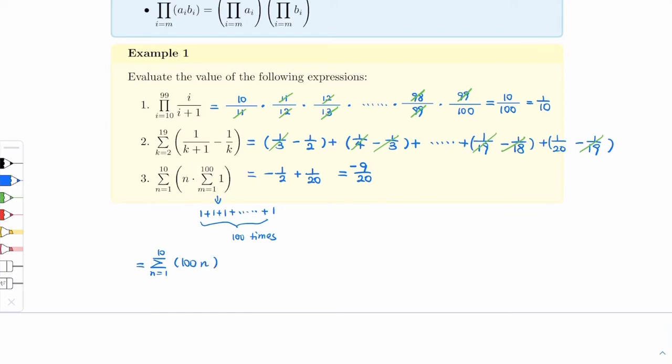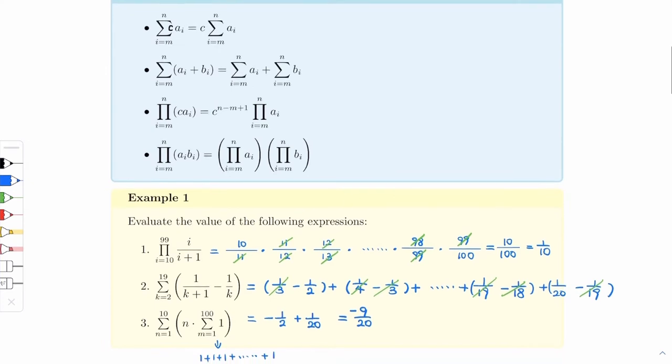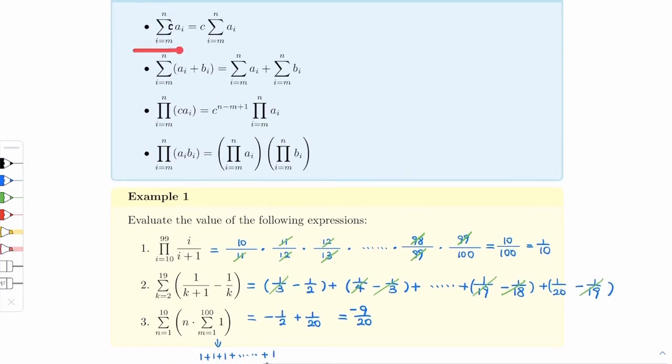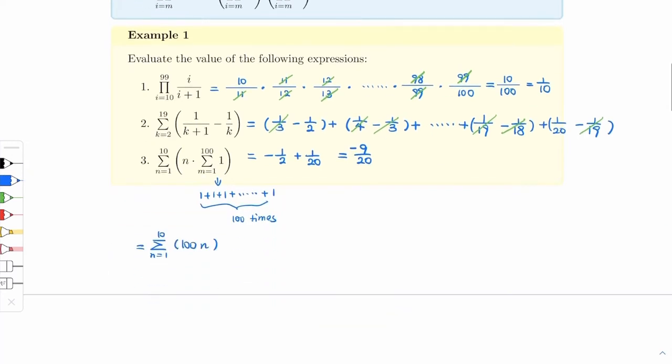Alright, and now you can use the property over here. So we can use the first property, and we can take 100 out. So that's going to give us 100 times sigma. Okay, so this will give us 100 times 1 plus 2 plus 3 all the way till 10.